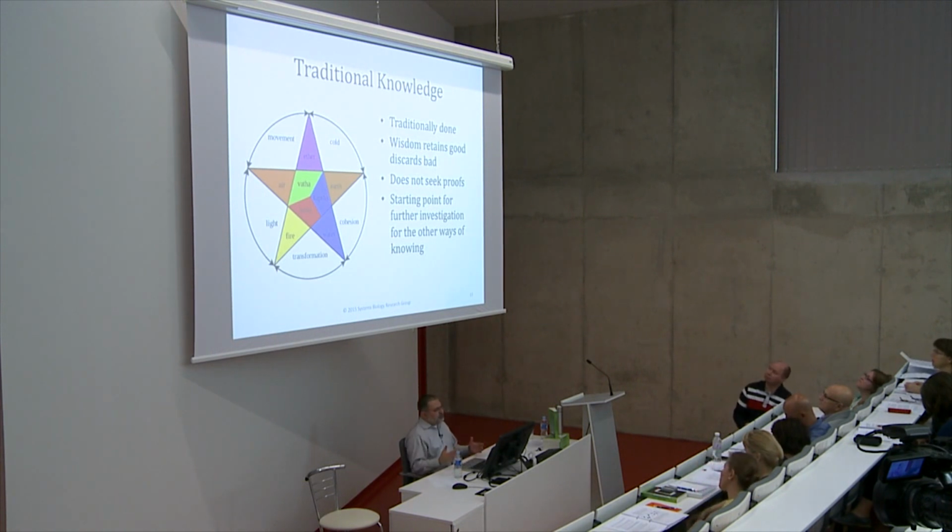And the belief in the traditional approach to knowing is that if it was not worth doing, people would not have continued to do it. And that the continuation of a way of doing things and a knowledge base is a justification of its wisdom. And that wisdom retains the good and discards the bad.